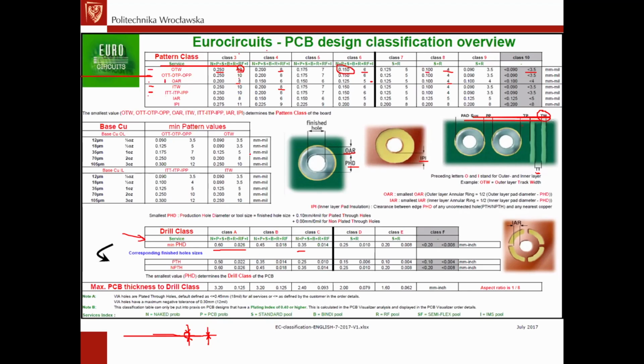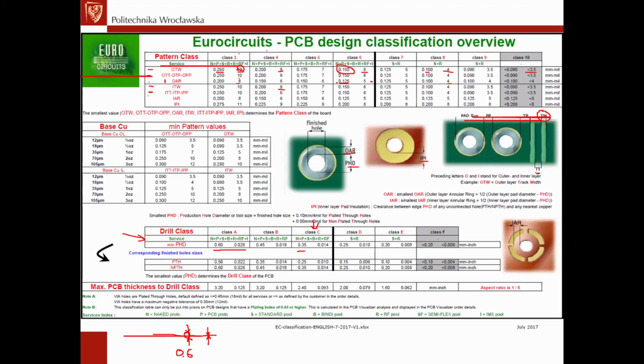That's another problem. So if we have class 6, and let's consider for drilling a class C, then we have altogether 5 mils. So let's say metric, 0.125 millimeters, so 0.25 for 2 ARs plus 0.35 for PhD, which means that here the minimum is 0.6 millimeter.